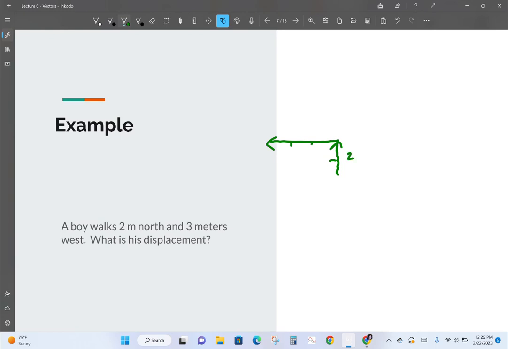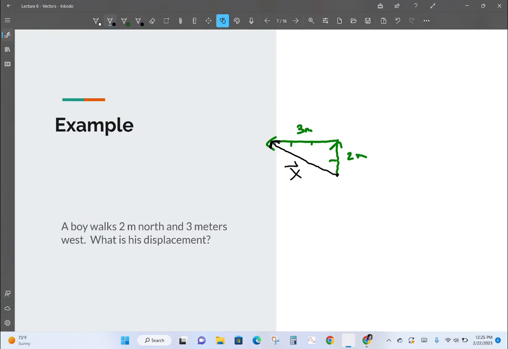So this side is 2 meters and this side is 3 meters. If I talk about our displacement, our distance is just 5 meters, right? But our displacement is our change in position. We started here and we ended up at the end of the 3 meter route. So this is our displacement.